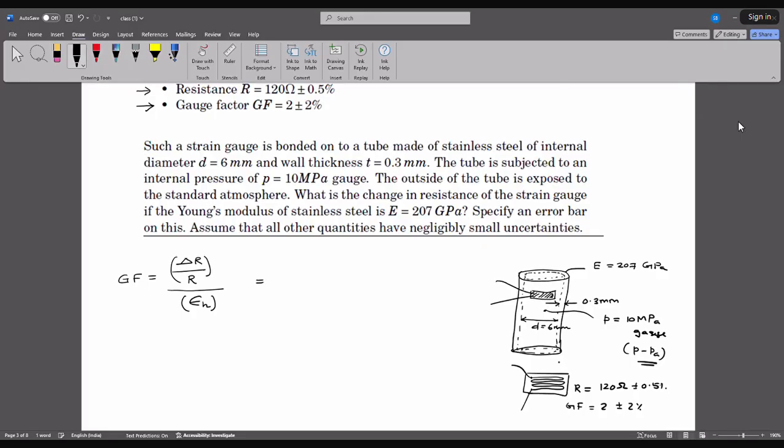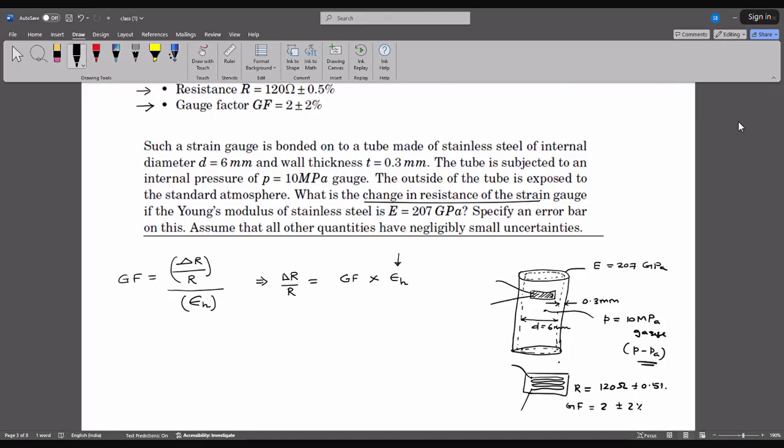So we want to measure delta R over R. That is the objective. What is the change in resistance? Essentially you want to measure delta R, but R you already know. So delta R over R is gauge factor multiplied by the hoop strain. So hoop strain you have to determine.